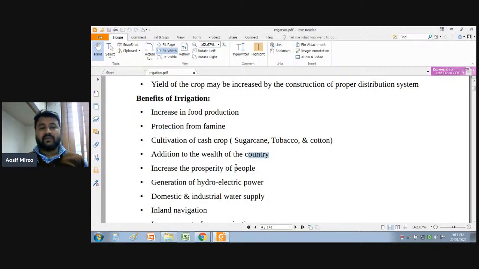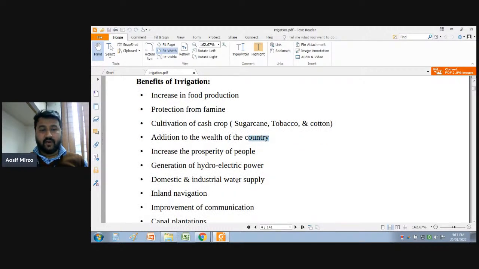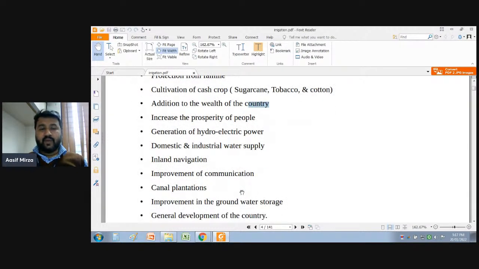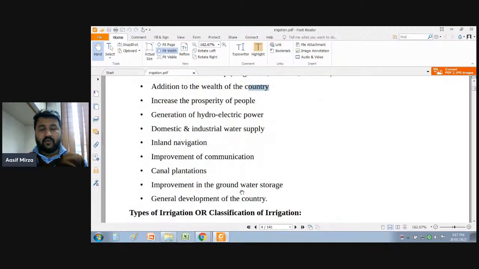So that's why it will increase the wealth of the country, increase the prosperity of the people, generation of hydroelectric power, domestic and industrial water supply, inland navigation, improvement of the communication, canal plantations, improvement in the groundwater storage, and general development of the country.